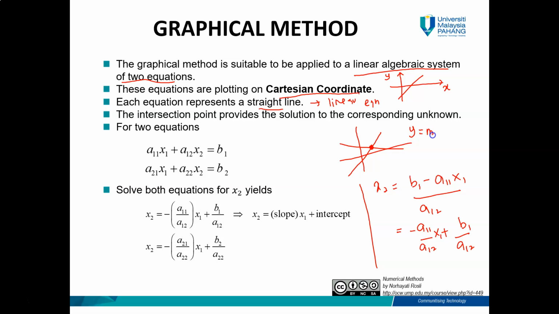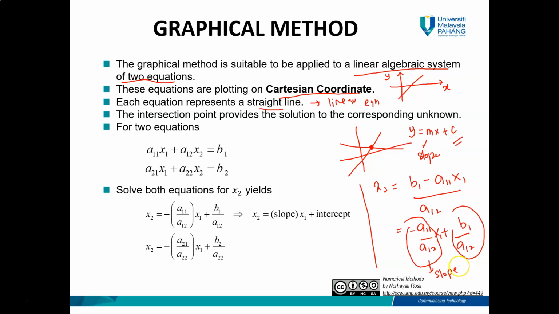This equation we can write in general terms: y equal to mx plus c. So y in this case is x2, and m is the slope. In this equation, this one is our slope, and c is the intercept of the y-axis, given by b1 divided by a12.